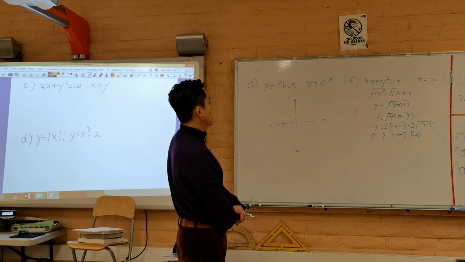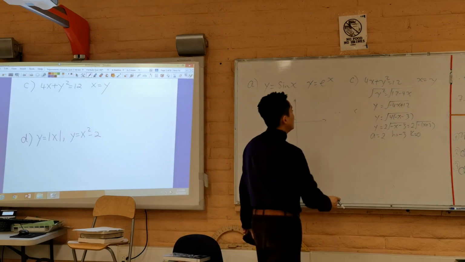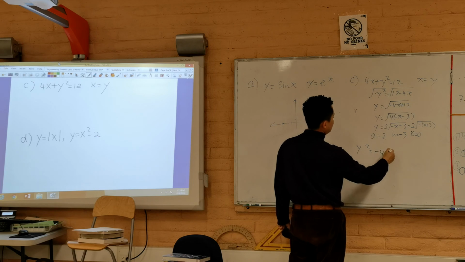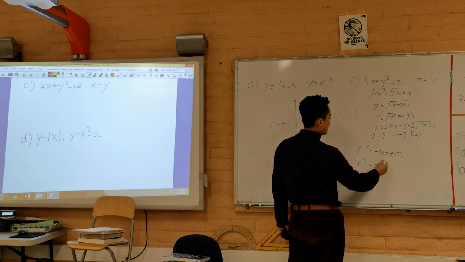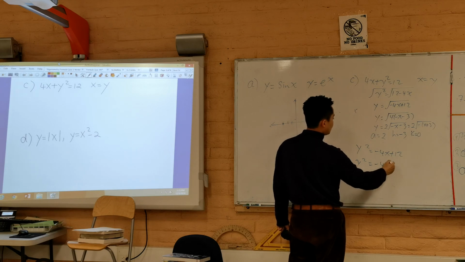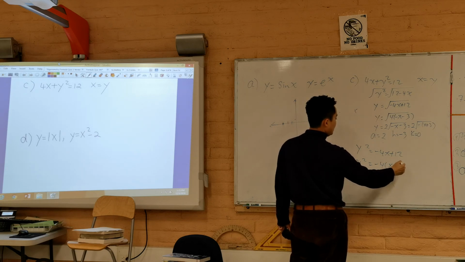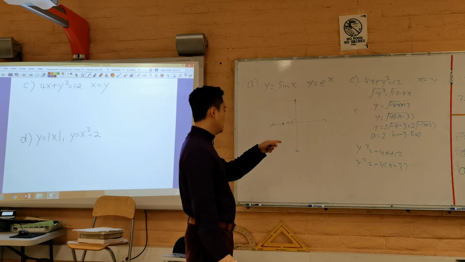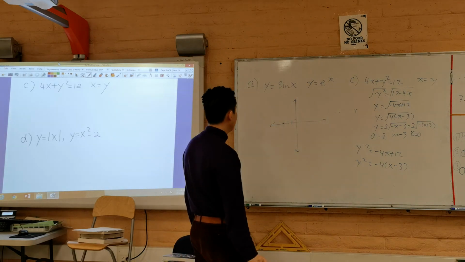Well, one thing that I just want to check here, if we try to isolate y squared by itself, we do have y squared equals negative 4x plus 12. So y squared equals negative 4 times the quantity of x minus 3. So that's just another way to come up with the conic sections. So negative means facing to the left for the parabola.